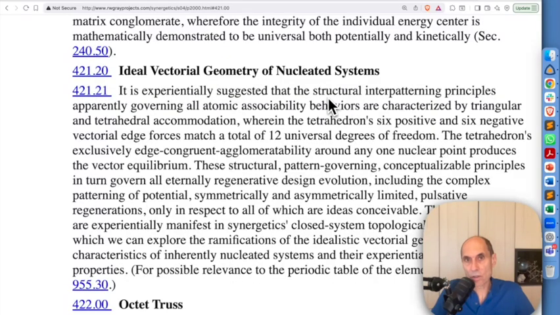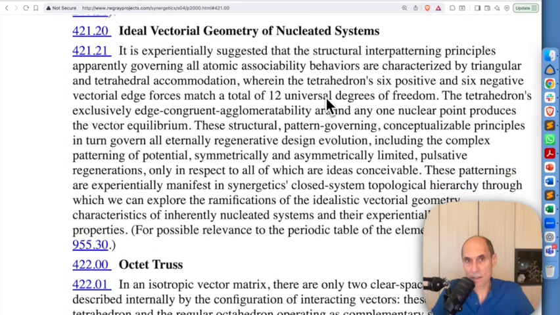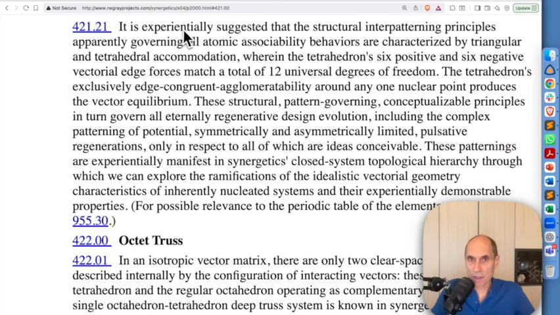Ideal vectorial geometry of nucleated systems. It is experientially suggested that the structural interpatterning principles apparently governing all atomic associability behaviors are characterized by triangular and tetrahedral accommodation, wherein the tetrahedron's 6 positive and 6 negative vectorial edge forces match a total of 12 universal degrees of freedom.